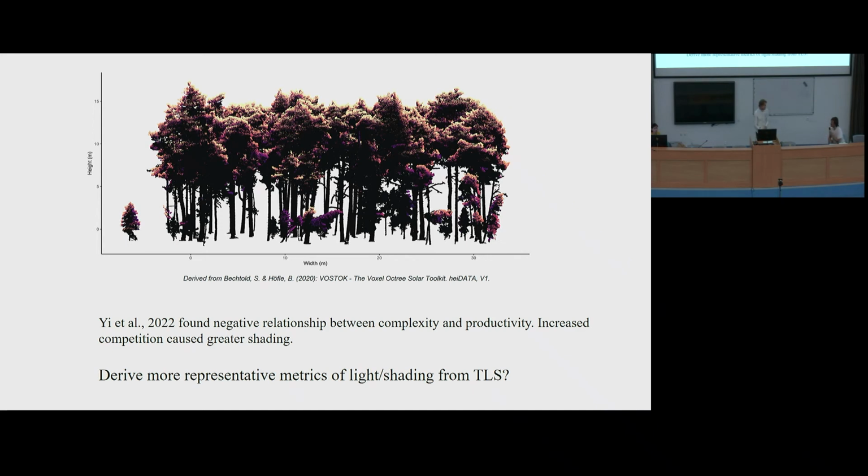I have a question. Did you use the same voxel sizes or scales for analyzing complexity in all the species? Yeah, it always starts with a voxel that covers the whole tree, and then you set the minimum size you want to go down to. I was quite conservative and went for 5 centimeters because of occlusion and so on.